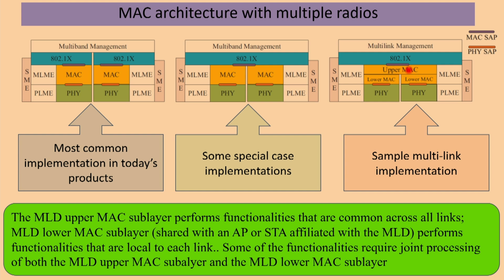And UMAC and LMAC are going to be used quite often in some of the technical descriptions. 802.11 standards have defined clearly what this UMAC sublayer will do, what this LMAC sublayer will do, and so things like association and security will be taken care of by UMAC. LMAC will take care of more traditional MAC functions that we already know, which is all the aggregation, carrier sensing, etc. Okay? So if you hear UMAC and LMAC, you know what they are roughly doing, and you know that they are connected to the MLO side of things in Wi-Fi 7.